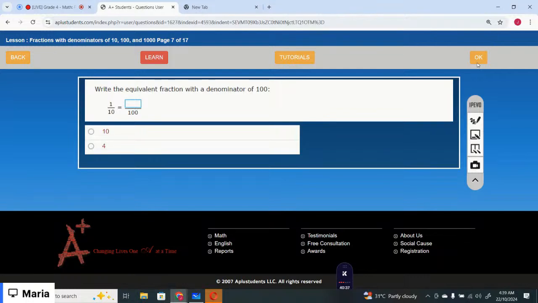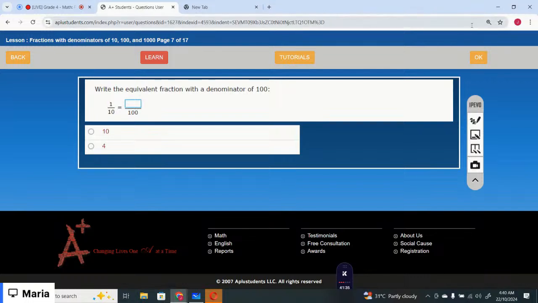Write the equivalent fraction with the denominator of 100. That is 10 over 100.